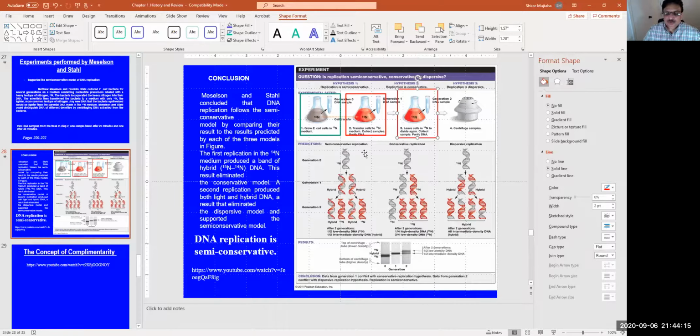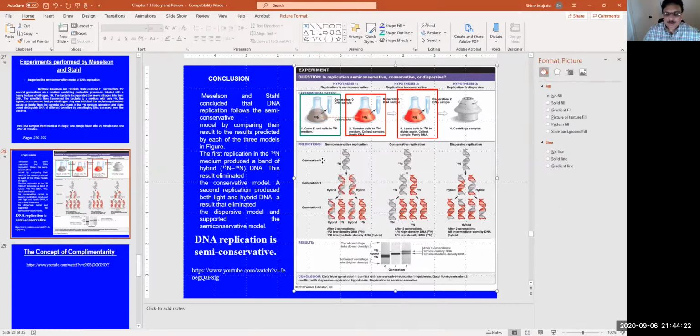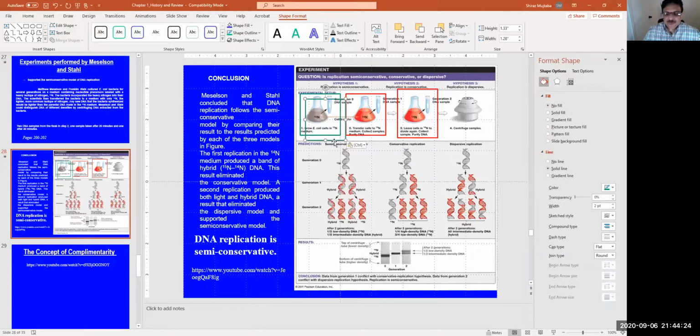So what is meant by semi-conservative? It is this form of replication.